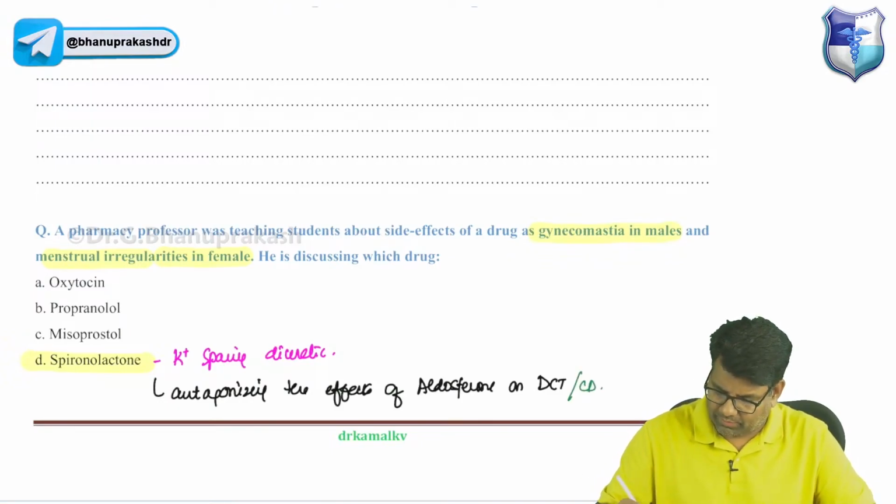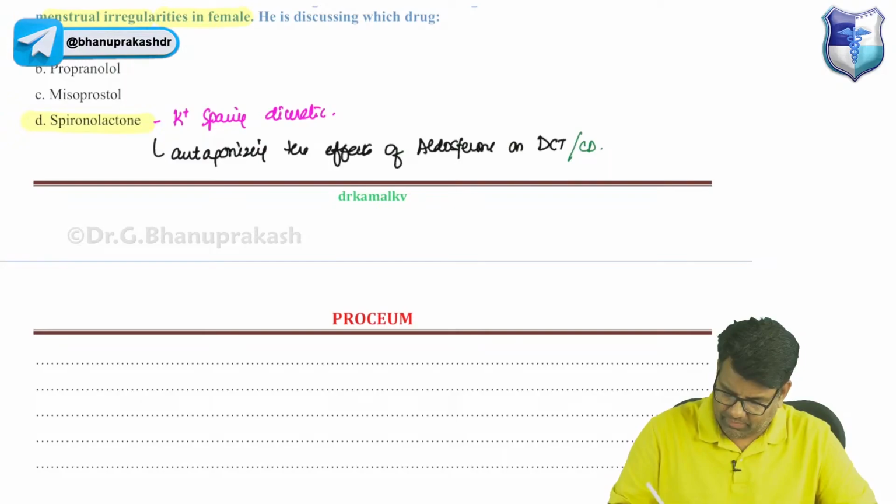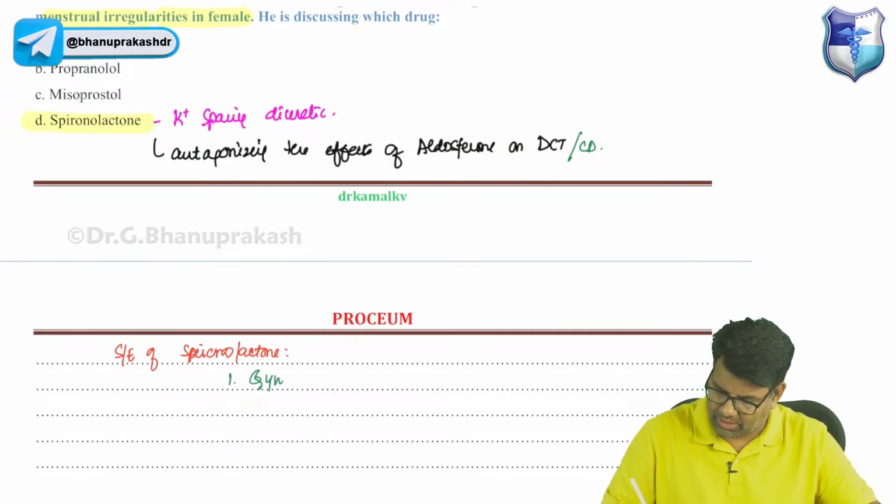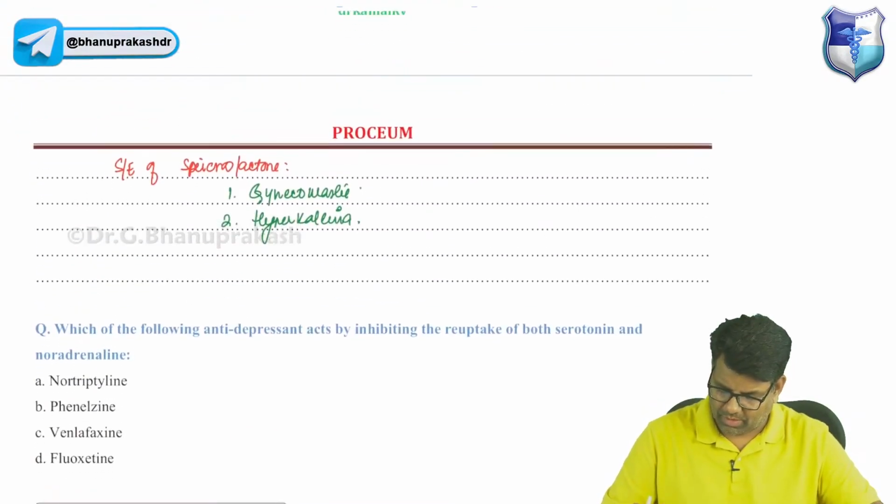And if we come to the side effects, just remember two important side effects. One is, of course, gynecomastia in males, which this question is about. Second is, since it is a potassium sparing diuretic, it can cause hyperkalemia.